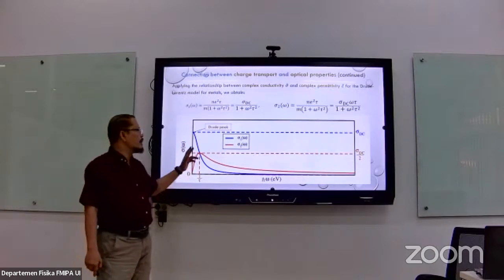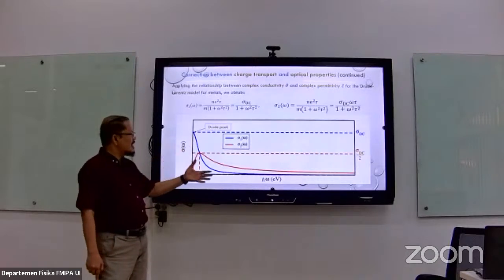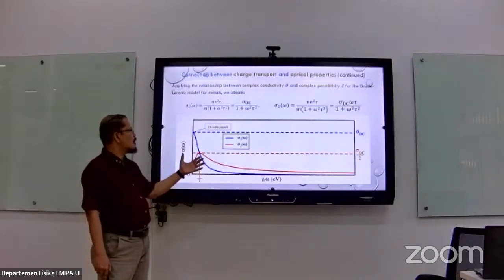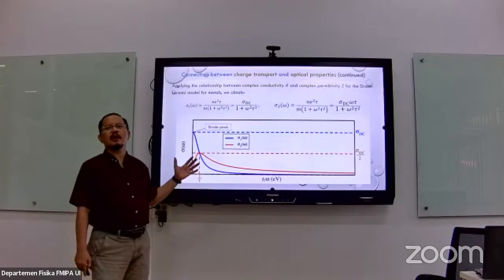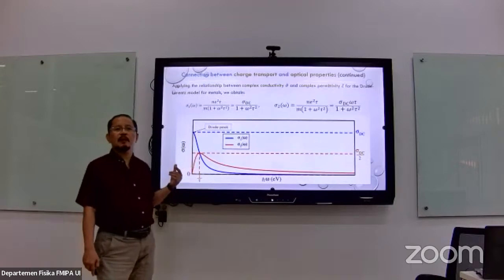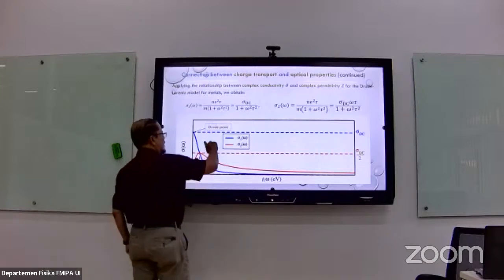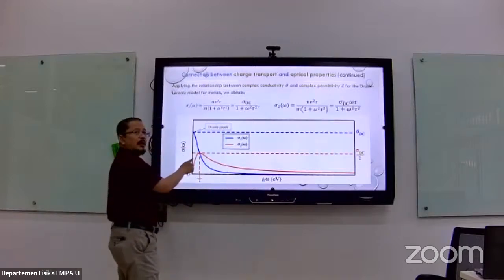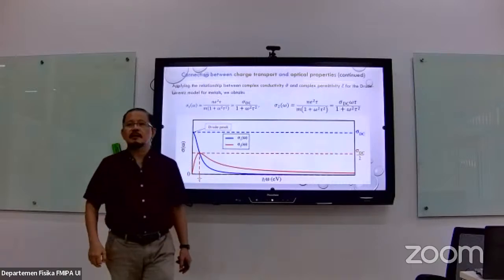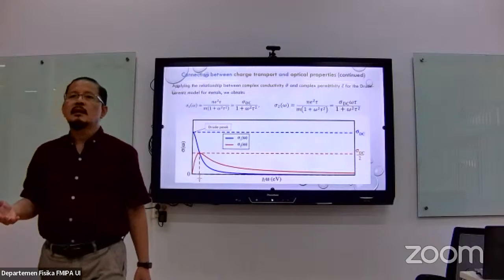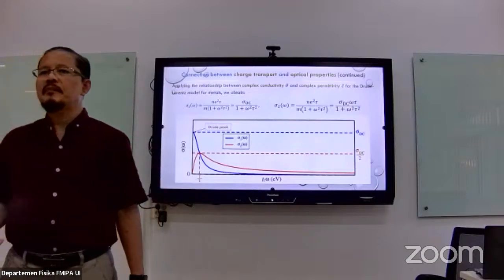So if there is no Drude peak, how would the curve behave? If we don't have the peak, we may have something like this, for instance. Rather than the peak, we have a value over here. If that is the case, then the system is not quite a metal.